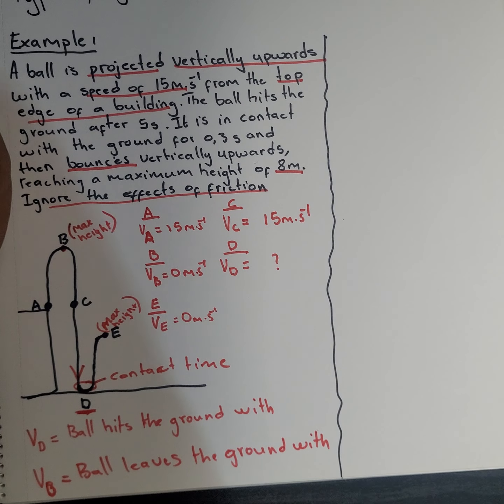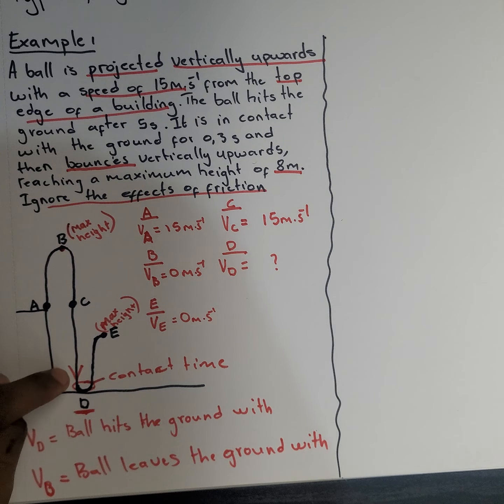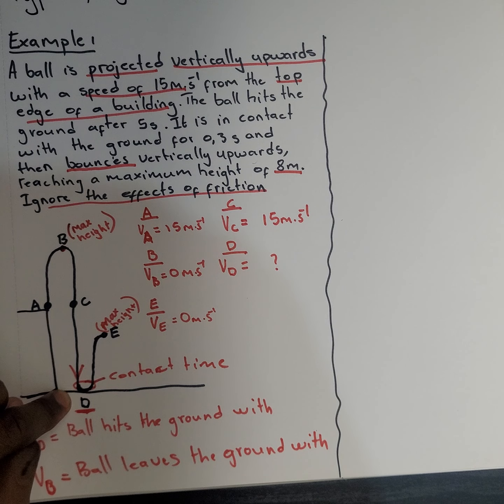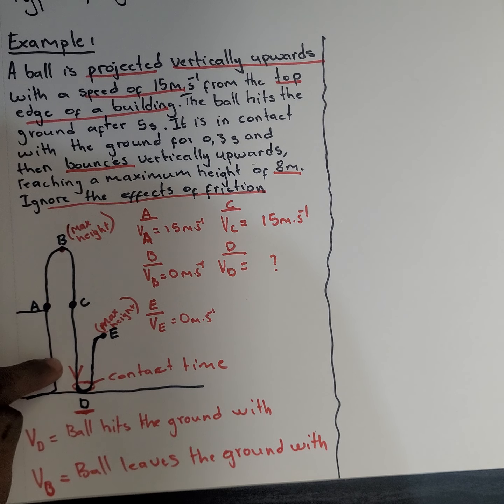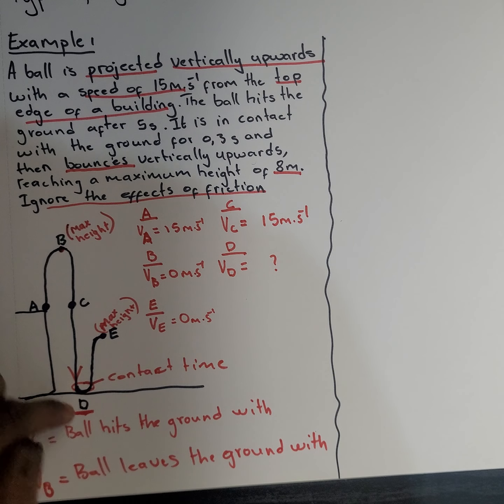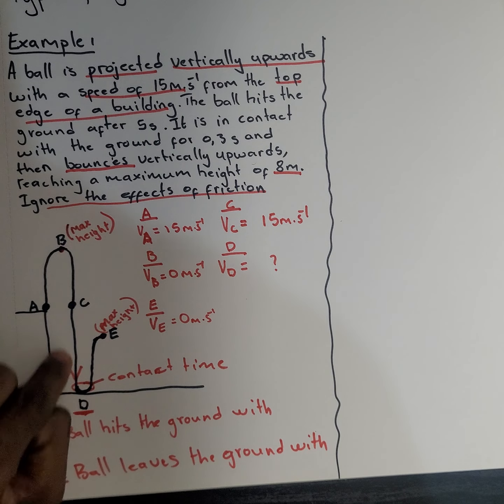At point B the ball is going to strike the ground with a force, and because these two are in contact, the ball is going to exert a force on the ground, and the ground is also going to exert a force on the ball.